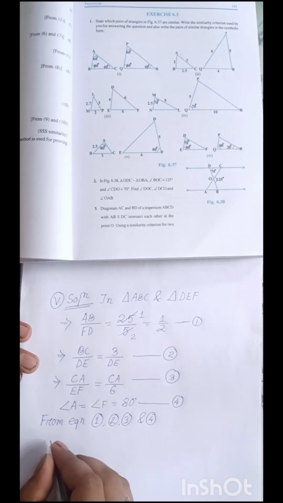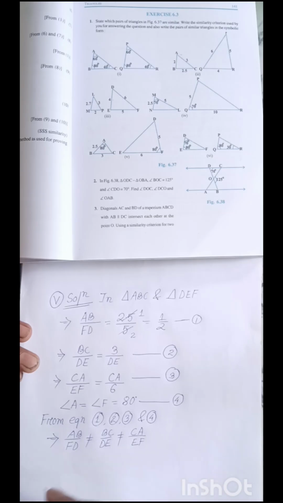So now from equations number 1, 2, 3 and 4, I can write AB by FD is not equal to BC by DE, not equal to CA by EF.